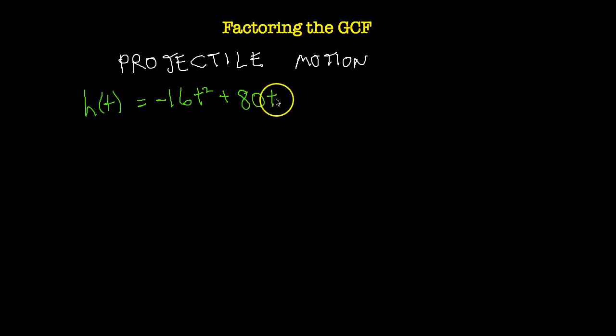And this particular formula tells us how high an object is with regard to how much time since it was launched, like maybe by a catapult or by a gun. And just to give you a visual, if this was the graph of the object over time, here's time over here, and here's its height.